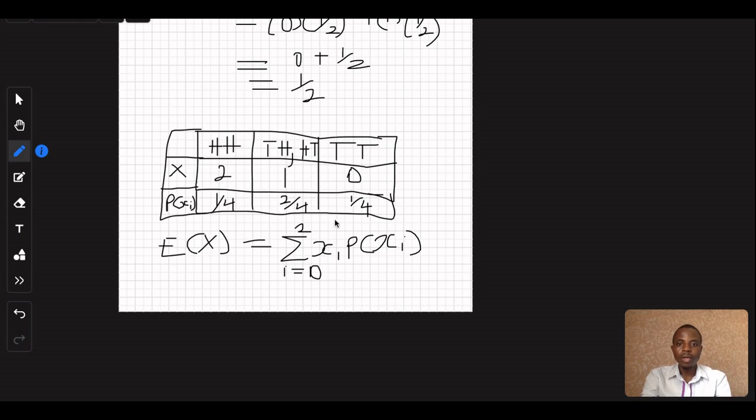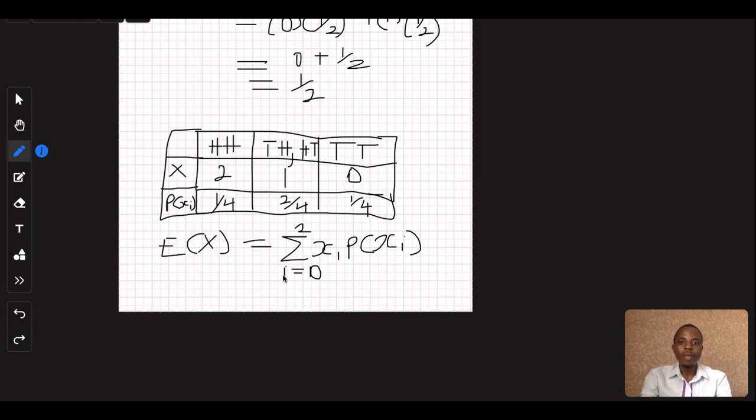And so it's important to know that you always go from the lowest value to the highest value. Ideally, 0 should have come first in the table, 0, then you say 1, then 2, but in some cases it may not be that way. What is important is that you know the correct probability associated with each value.